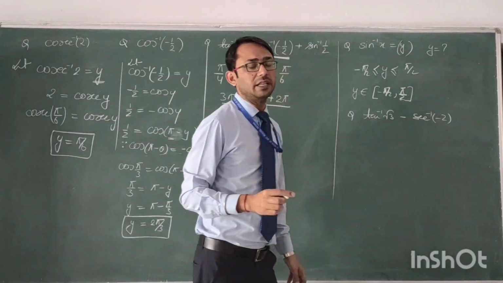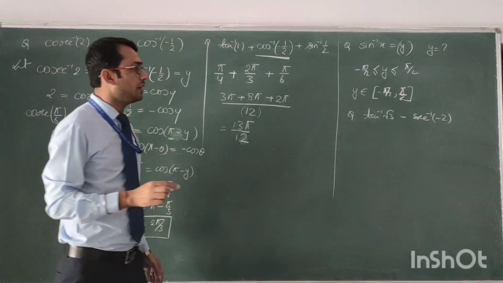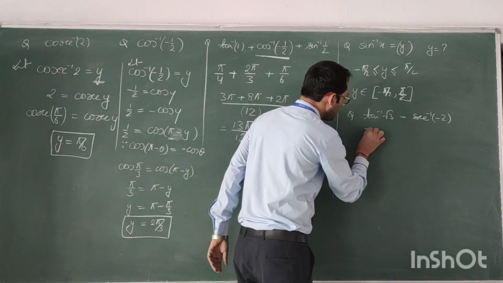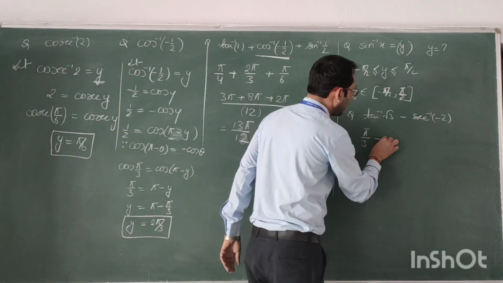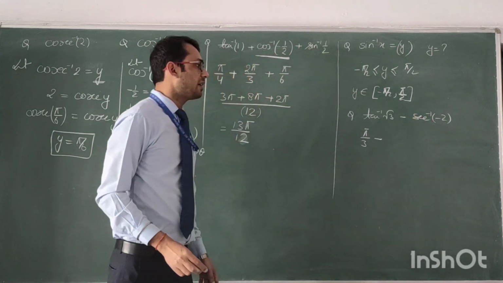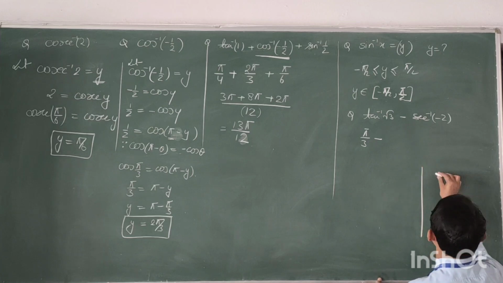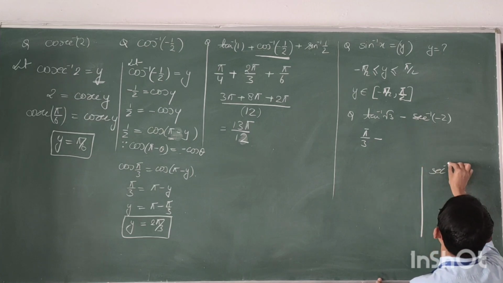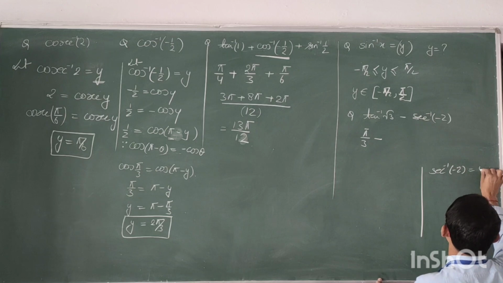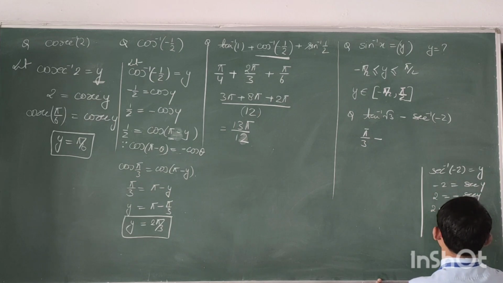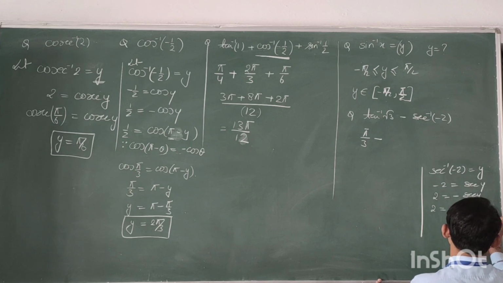Now tan inverse root 3. In tan, root 3 is the value of pi by 3, minus cosec inverse 2. Now for this I am simplifying it over here. Sec inverse minus 2 equals y, I could say. Minus 2 equals sec y. 2 is equal to minus sec y. So 2 is equal to sec pi minus y.